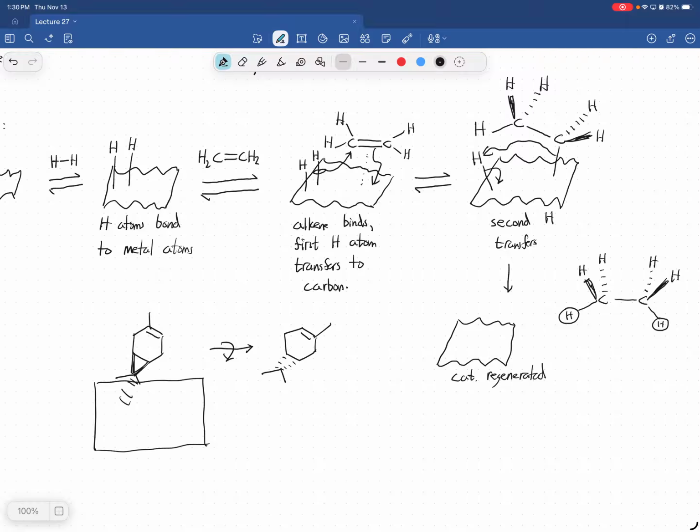So now the alkene can bind to the metal surface, okay, without any interaction with that second ring getting in the way. So only one isomer is preferred. So preferred conformation.